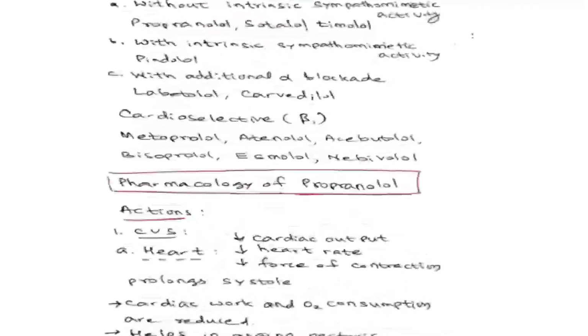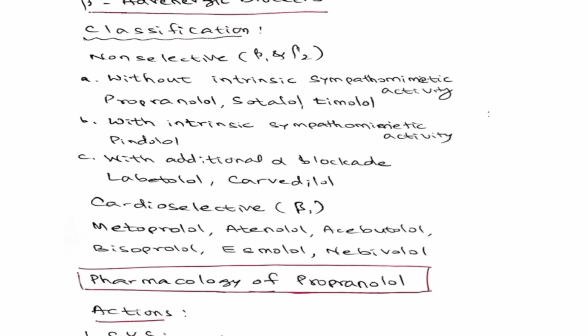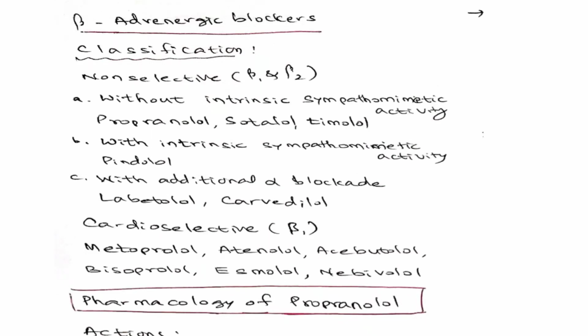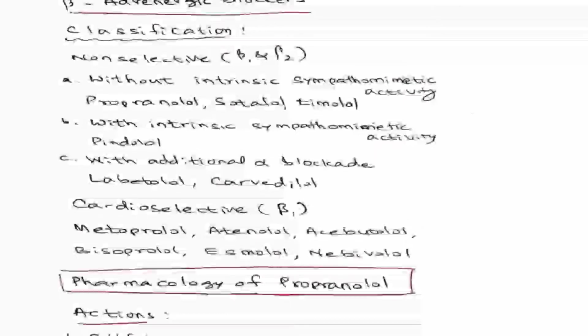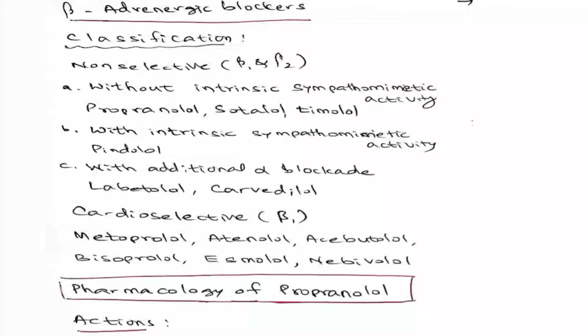Next, moving to the beta adrenergic blockers or beta blockers. These drugs inhibit adrenergic responses which are mediated by beta receptors. They are classified based on action as non-selective and selective. Non-selective drugs act on both beta 1 and beta 2 receptors, whereas selective include beta 1, that is, cardioselective blockers.